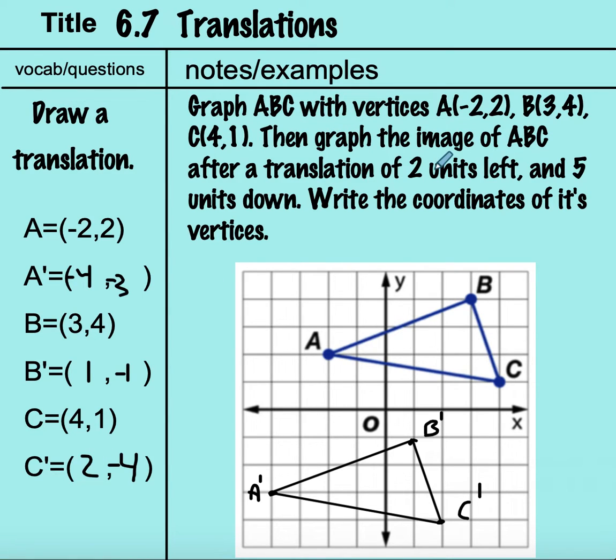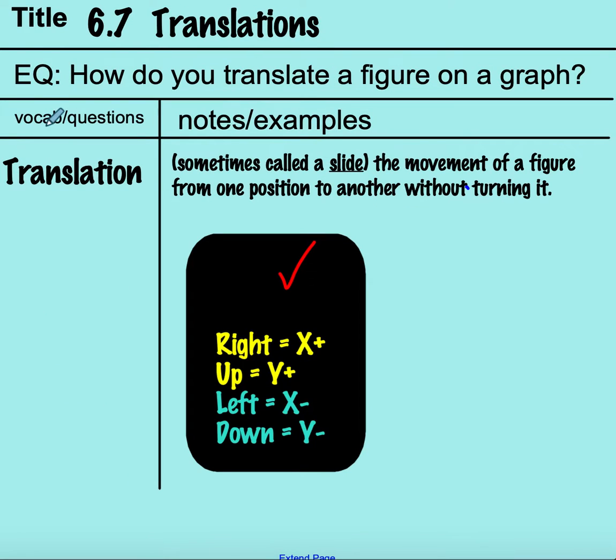For the Y's, because Y controls up and down movement and we're moving 5 units down, which is in the negative direction, to get to my new Y coordinate, all I had to do is subtract 5. So 2 minus 5 is -3, 4 minus 5 is -1, 1 minus 5 is -4. So moving it 2 units to the left, subtracted 2 from my X, 5 units down, subtracted 5 from my Y. Well, this is convenient because it'll let us come up with vertices without even having to create the graph once we see this pattern.